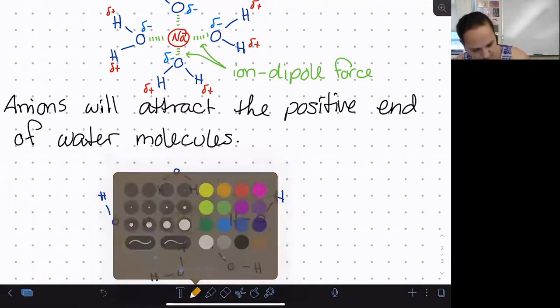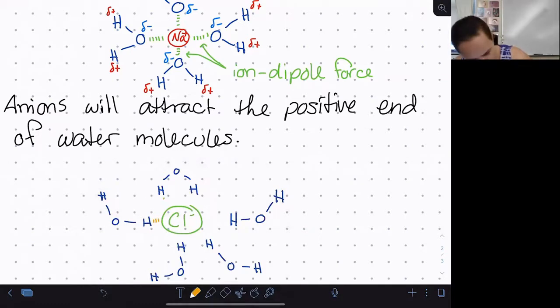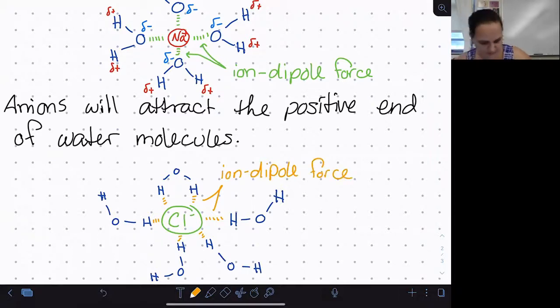And our ion-dipole interactions are going to be between that chloride ion and the water molecules, because these hydrogen atoms all have a slight positive charge on them that is attracted to the negatively charged chloride ion.